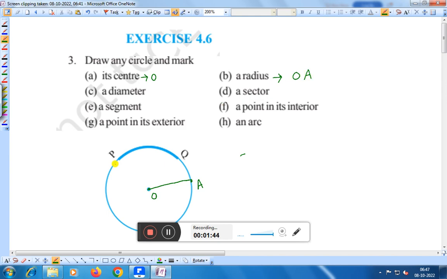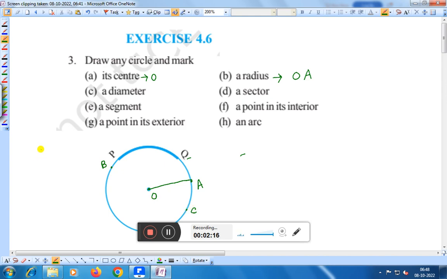Now, see a diameter. What is the meaning of diameter? The longest chord passing through the center of a circle is the diameter, right? Suppose we take two points. One point here, suppose this point is B, and we take another point passing through this center, that is point C, right?